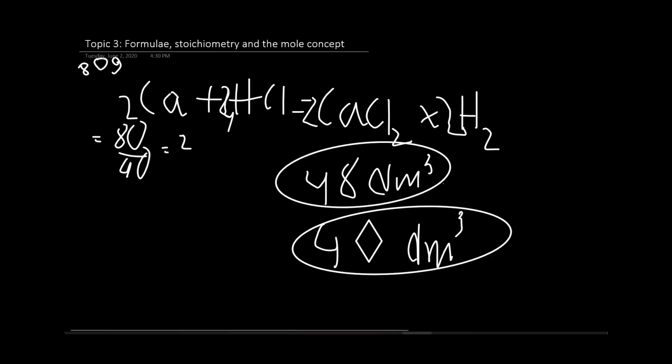The amount you had expected is known as theoretical yield. And this 40 dm cube, the lesser amount that you receive in reality, is known as the actual yield.